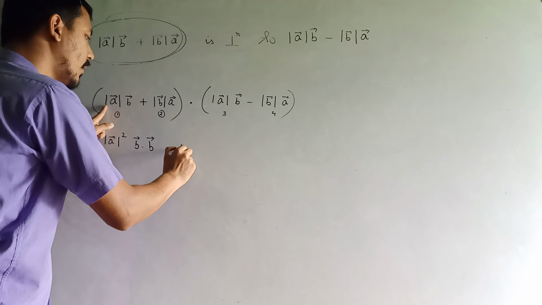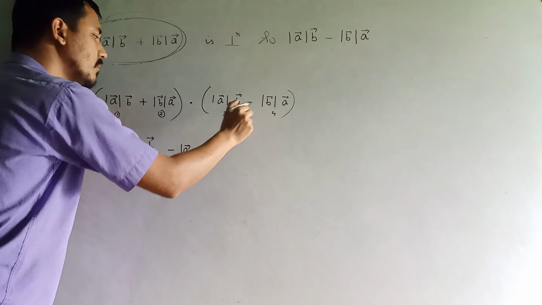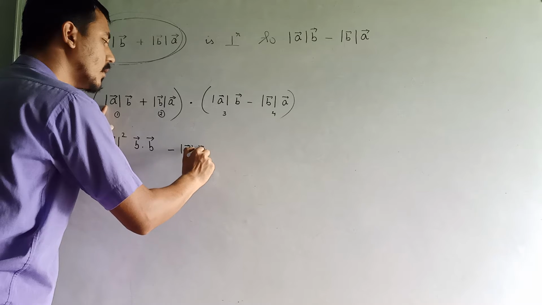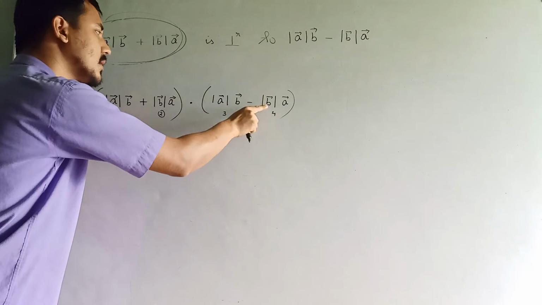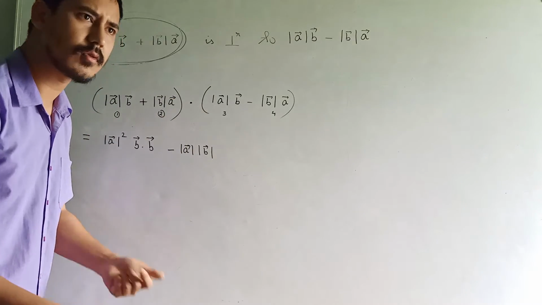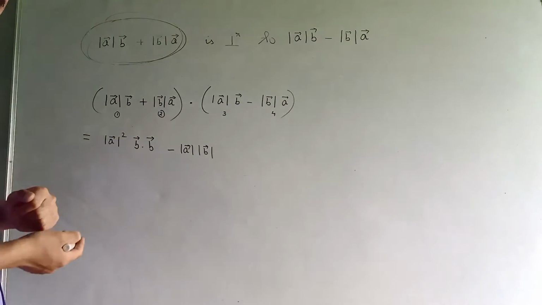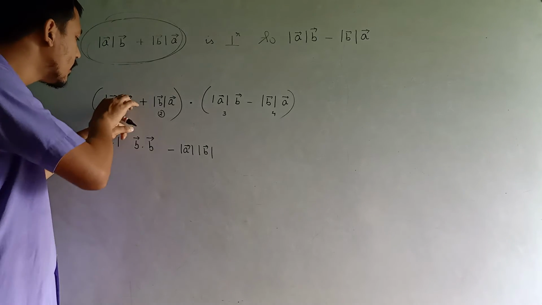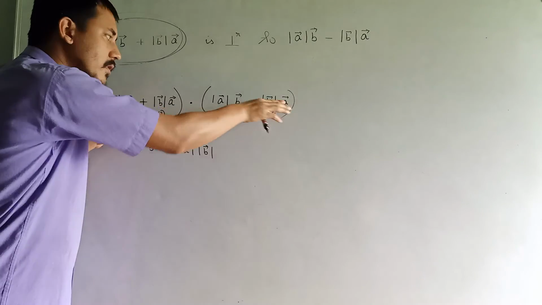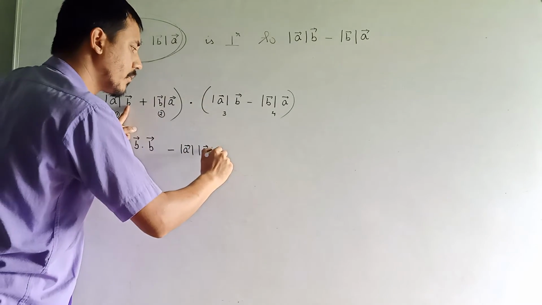Minus magnitude of A times magnitude of B. Magnitude of A is a scalar, magnitude of B is a scalar. In between the scalars, the dot product is not required, just the ordinary product. Now B is a vector, A is a vector, so the dot product will be defined.